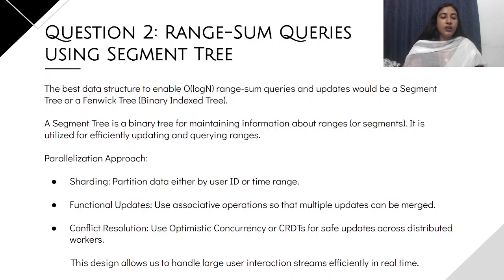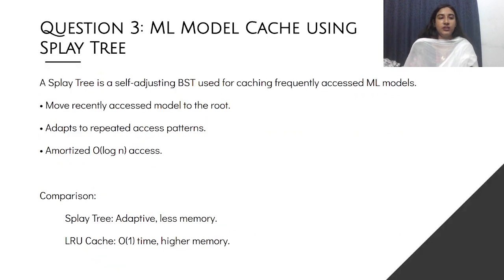Then the functional update uses associative operations so that multiple updates can be merged. And the conflict resolution uses optimistic concurrency or CRDTs for safe updates across the distributed workers. These designs allow handling large interactions efficiently in real time. Now let's jump to question 3.